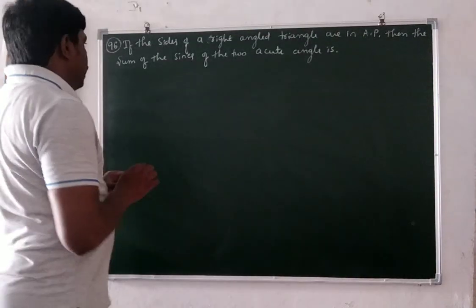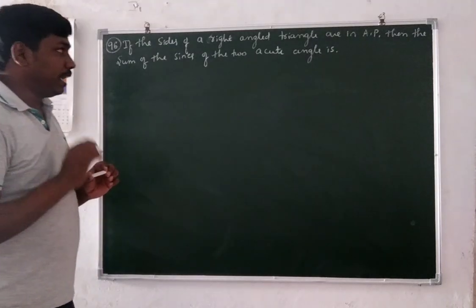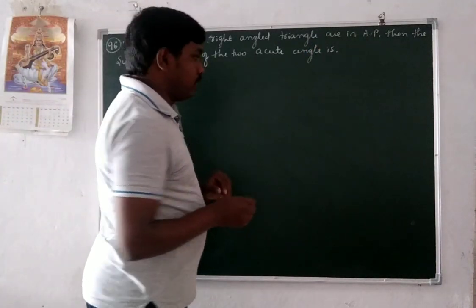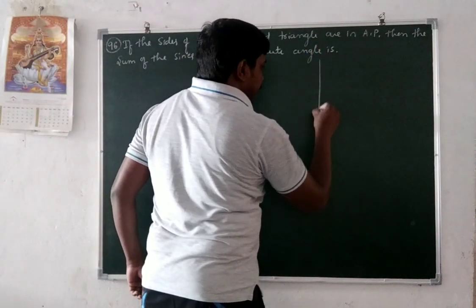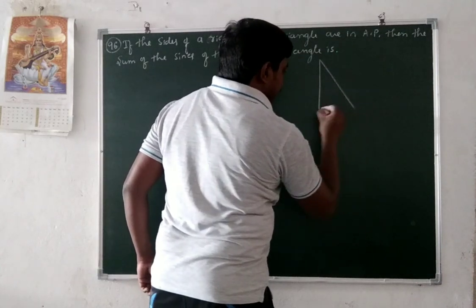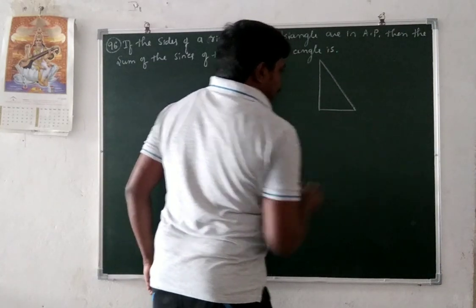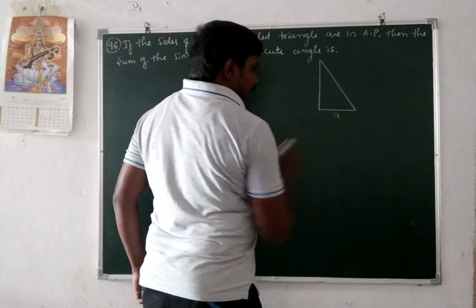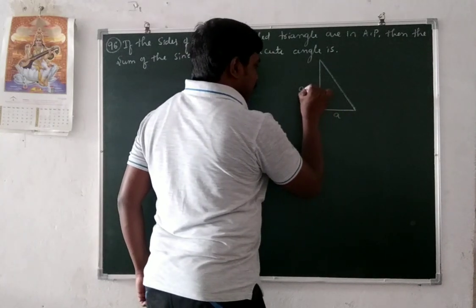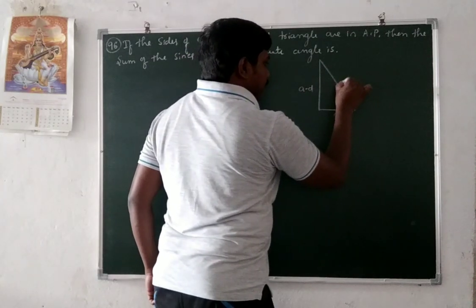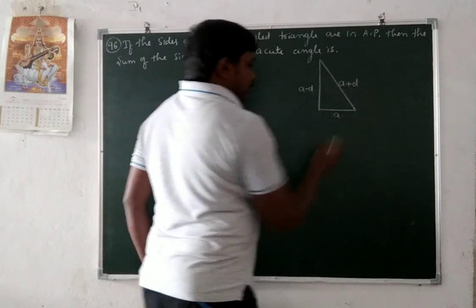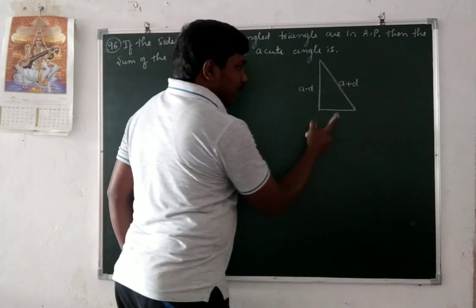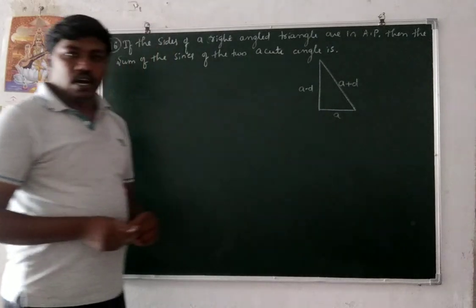Question number 96. If the sides of a right angle triangle are in AP. Suppose I take one right angle triangle. Suppose this side is a, and this is a minus d. This is a plus d. So a minus d, a, a plus d are in AP.